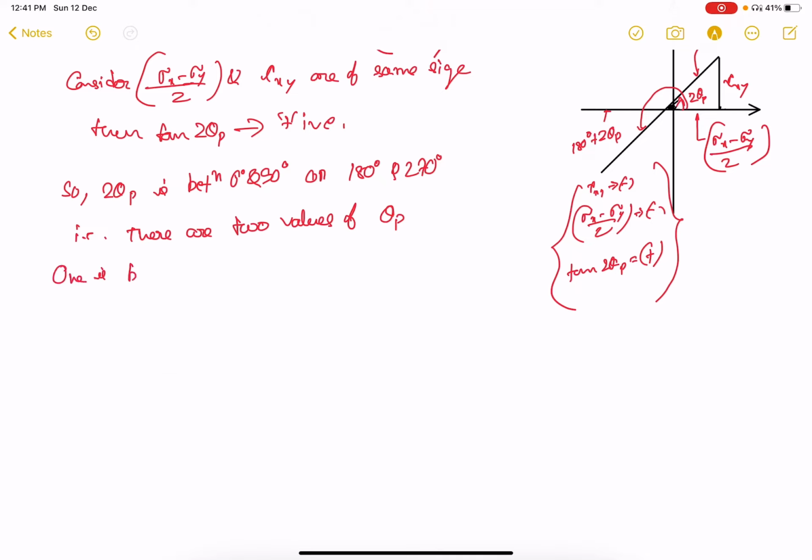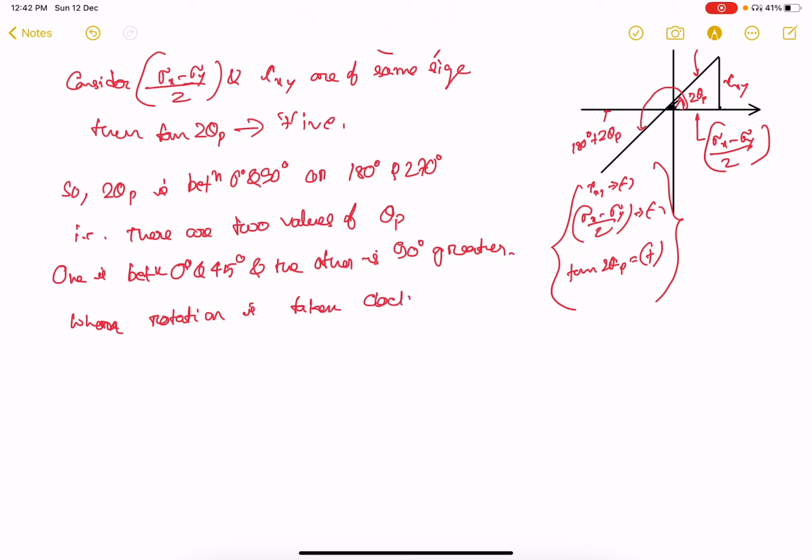One is between 0 degrees and 45 degrees, and the other is 90 degrees greater, when rotation is taken clockwise.